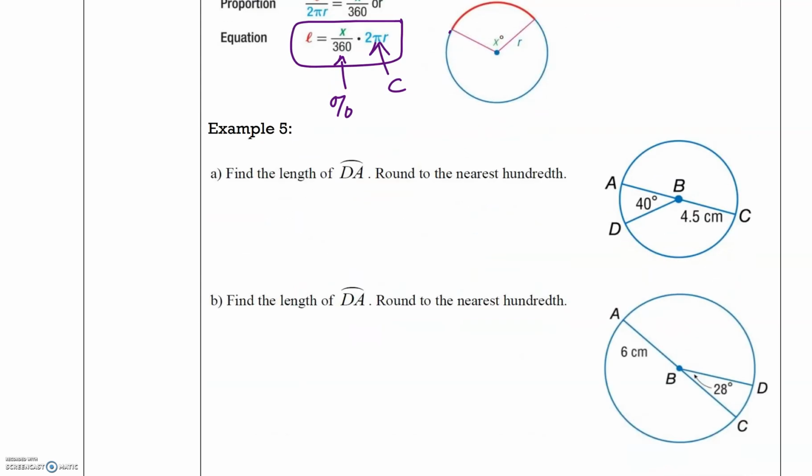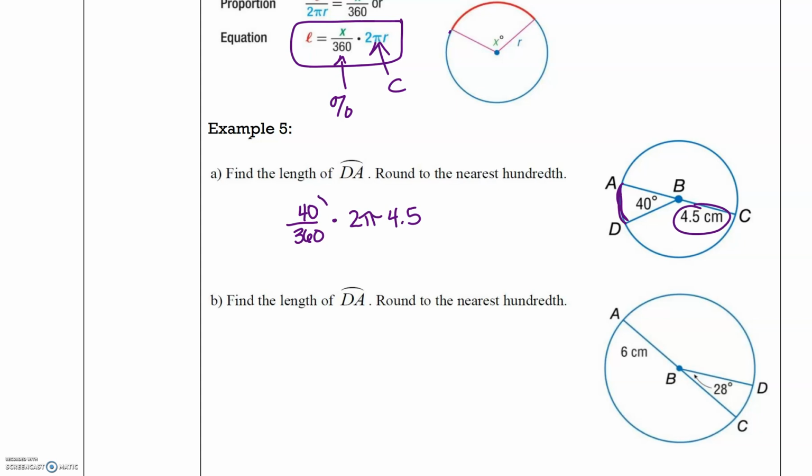out of 360. So for this one, we are going to find dA, which we have the degrees here is 40, so we put 40 over 360, times 2 pi r, which we know our r here, right there, is 4.5. So we can go ahead and do this in our calculator.